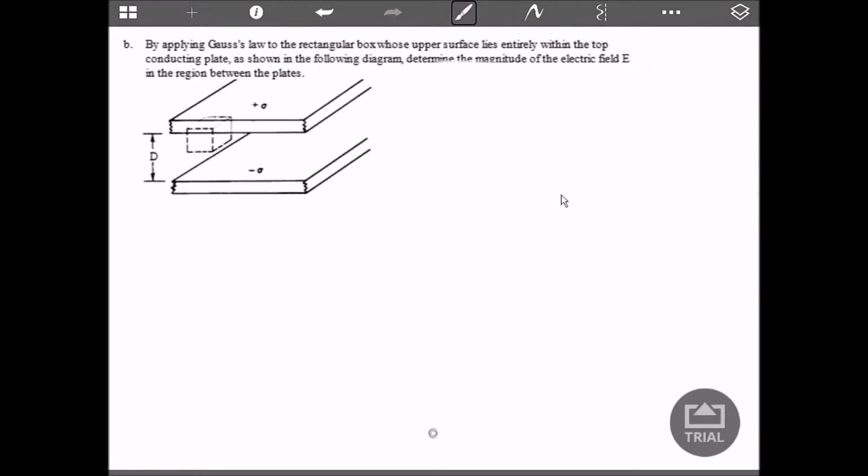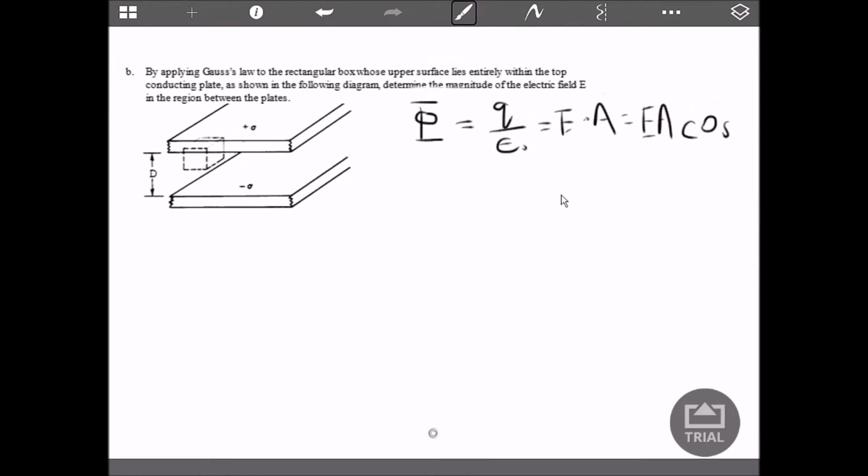And so by Gauss's law, we know that flux equals Q enclosed over epsilon naught, which is equal to E dot A, or EA cosine theta. And since the area vector and E field are parallel, we know that cosine theta equals 1, and so that's basically disregarded.